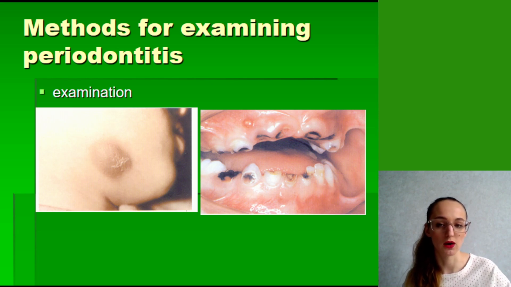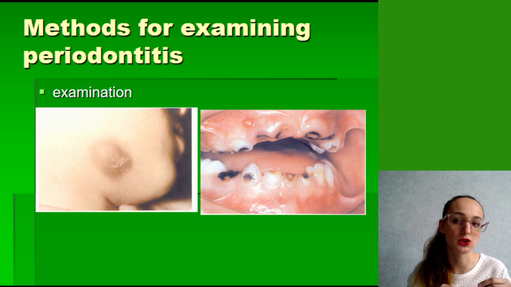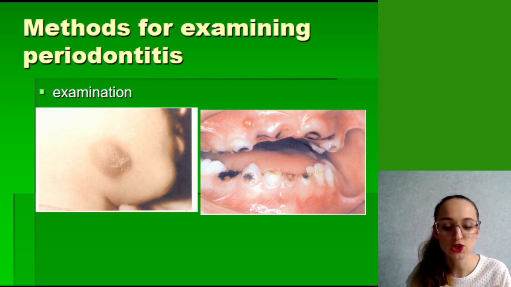And we can see different radiographic changes, such as widening of the periodontal ligament space, which may not be applicable initially. Treatment in this case is pulpectomy and root canal treatment or extraction.